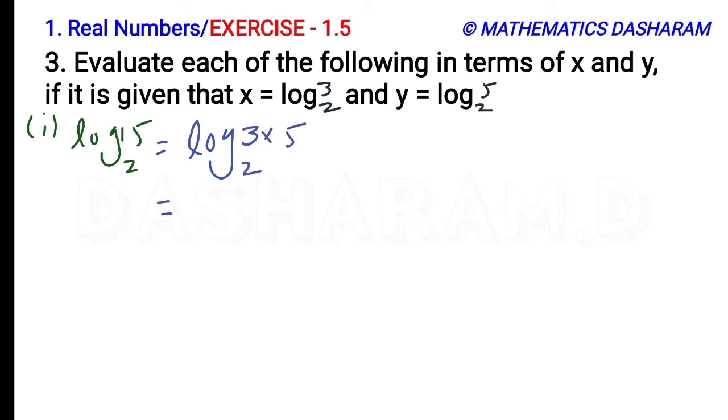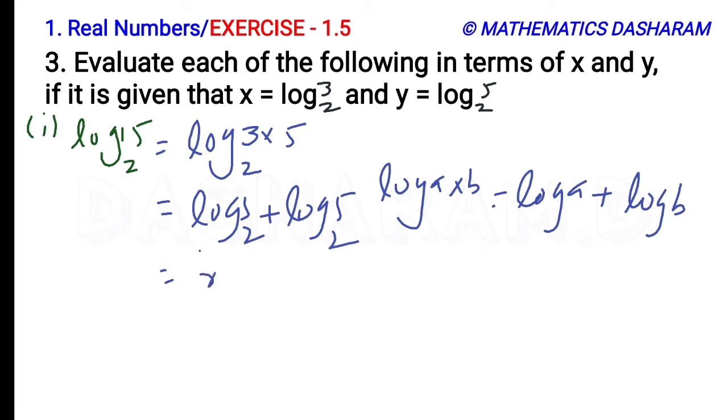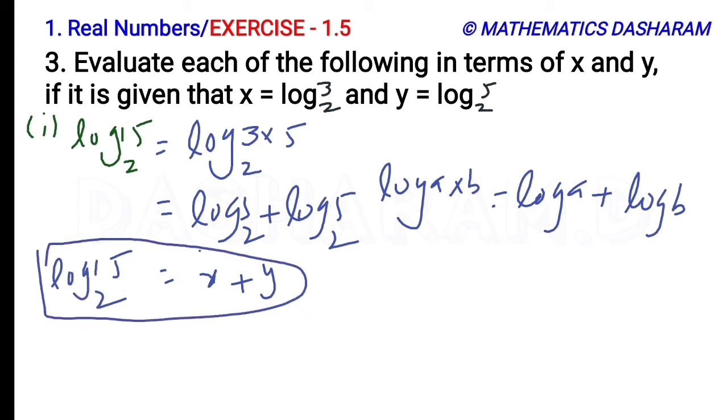Now log a into b formula. Log a into b equals to log a plus log b. So then log 3 base 2 plus log 5 base 2. Now as per the question, it is equals to x and it is equals to y. So then log 15 base 2, answer is x plus y.